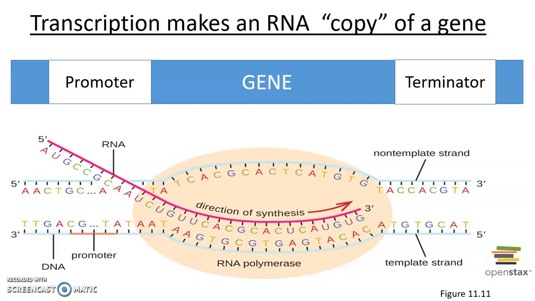That tells the enzyme, go ahead and start making a copy of this DNA, because that is what we need to read to provide the instructions for the cell. Remember, our definition of a gene is that it codes for a functional product. In this case, with transcription, it's coding for an RNA copy of the DNA.